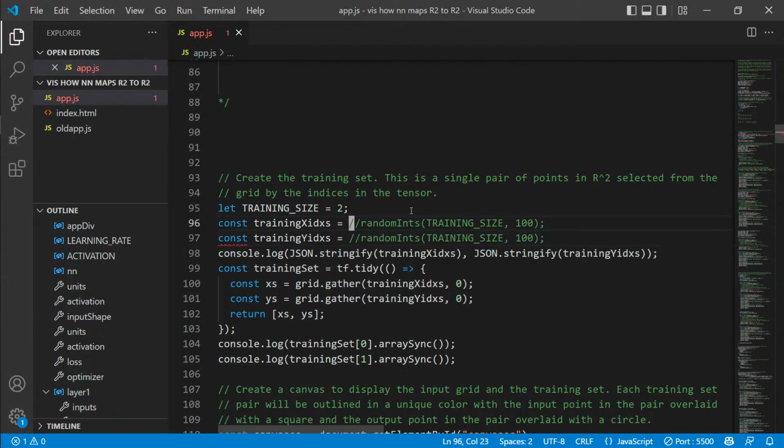Okay, so we're just going to start off with a random training set, size 2, and we're going to try to find a third point that it can't accommodate. So I'm just going to pick random numbers less than 100, and find a third point that it can't fit.